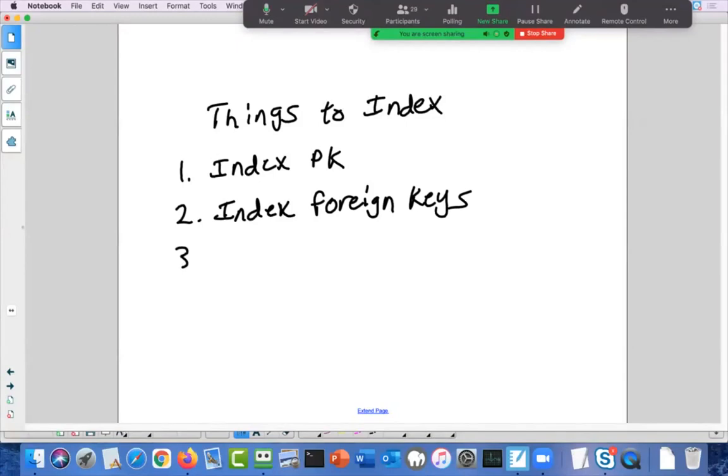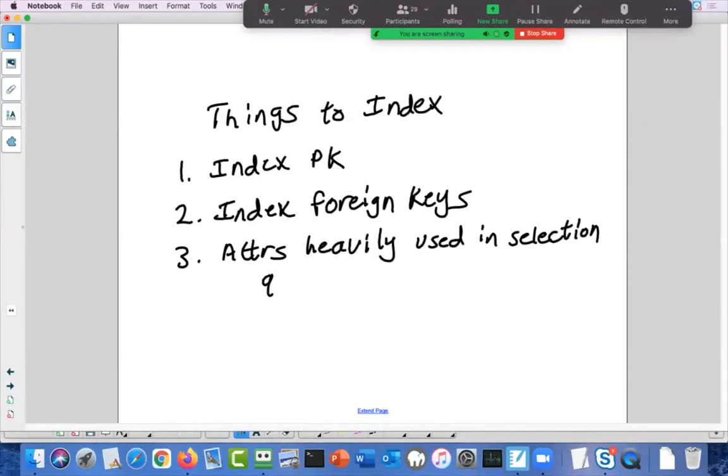Okay, we want to index attributes heavily used in selection queries. So names: when I call up, one of the first things people often ask me is my name.